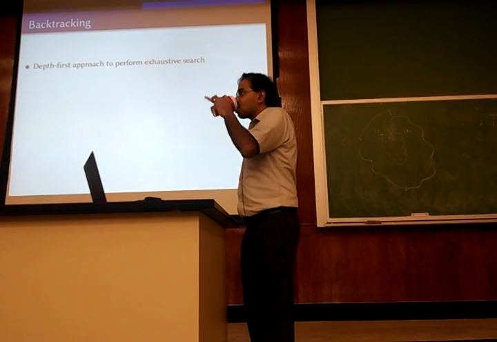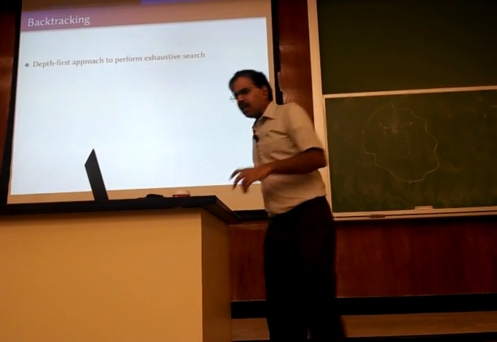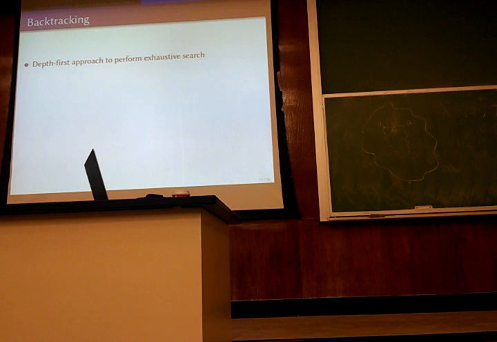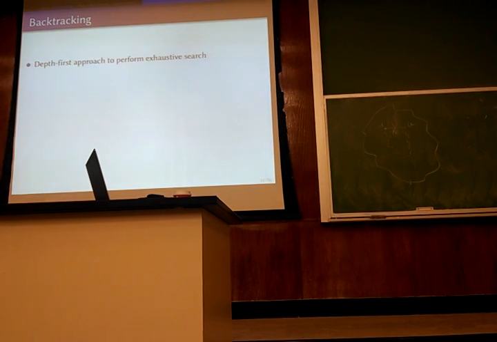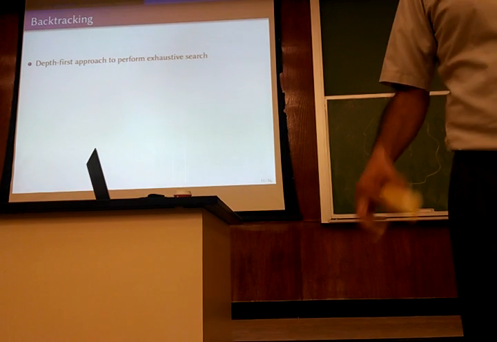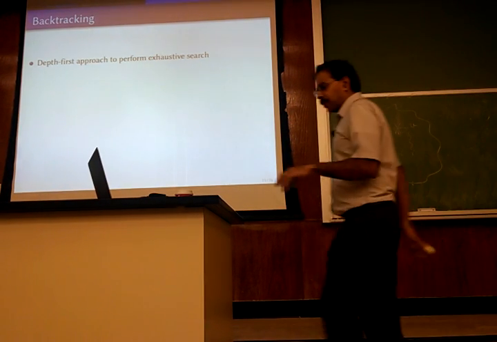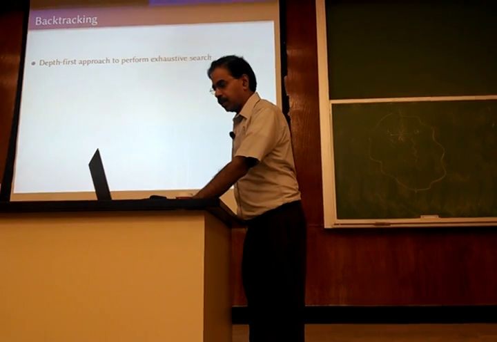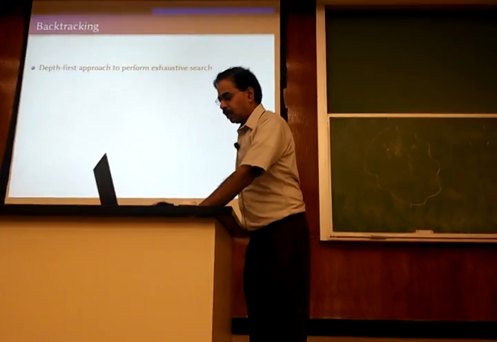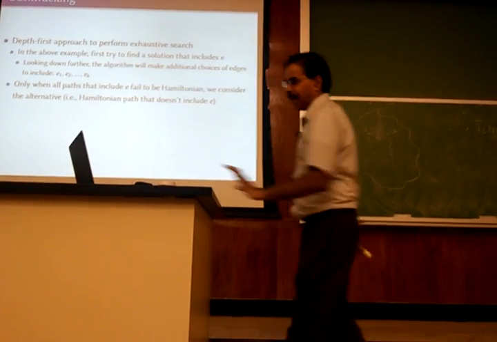So the first step is, of course, to be systematic. Okay, so we need to make sure that we don't revisit the same portion of the search space, right? So we want to avoid searching the same subproblem again and again, right? And one way to do this is to use what is called backtracking.